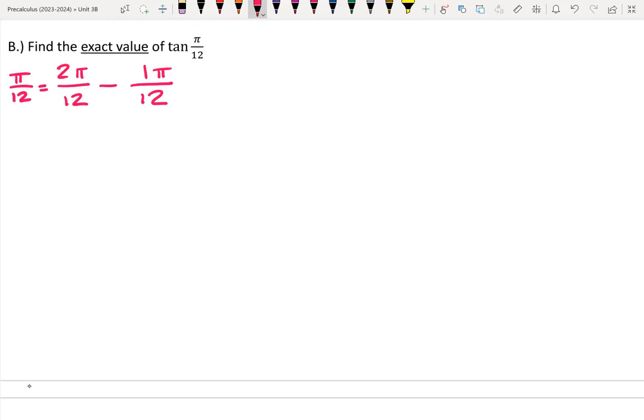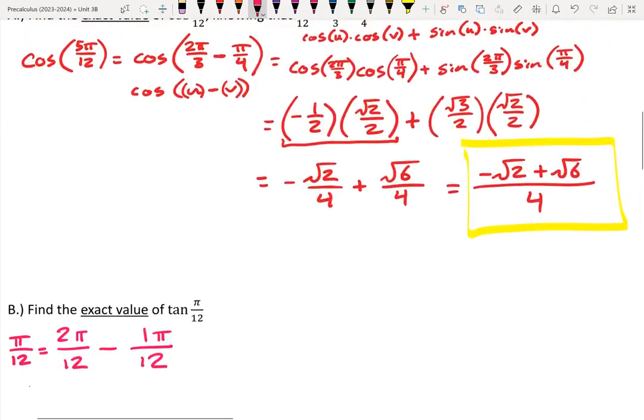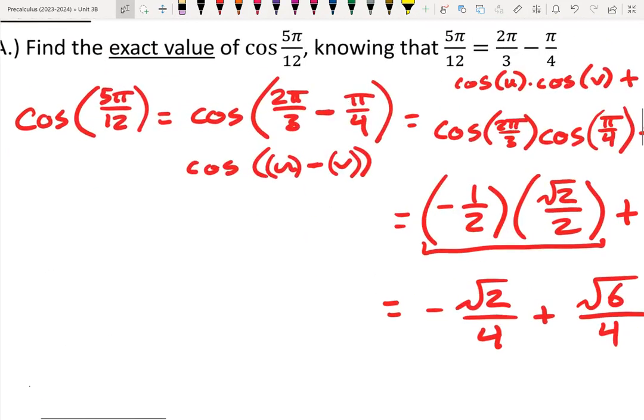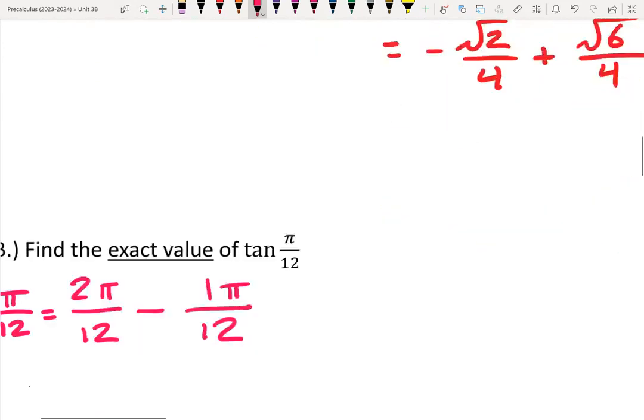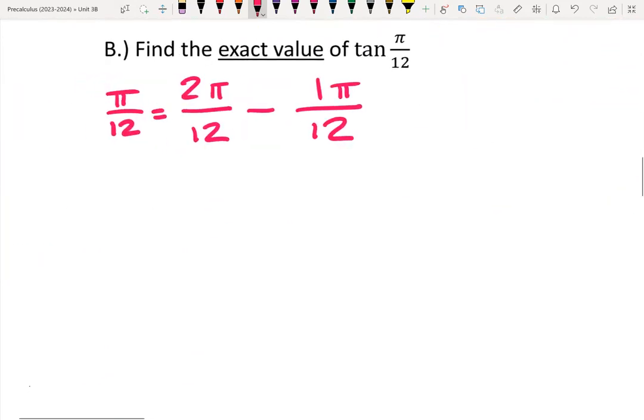Now the next thing that we have to check, if we look again at this last problem, the two that we had were two angles on the unit circle. So what we have to check is, do the two angles we picked reduce to angles on the unit circle?